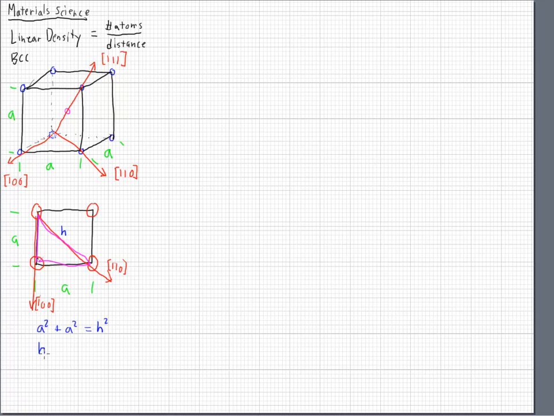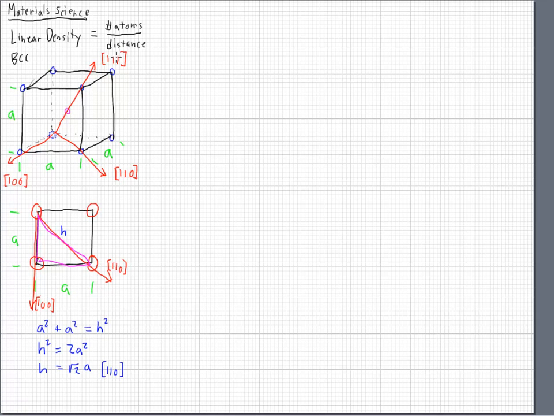So our distance H squared equals 2A squared. So H equals square root of 2 times A. And so this is our distance in terms of A for the 1, 1, 0 direction. A is our distance for the 1, 0, 0 direction.